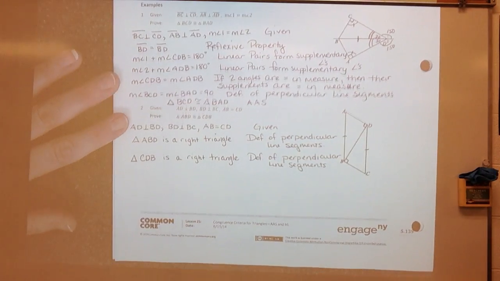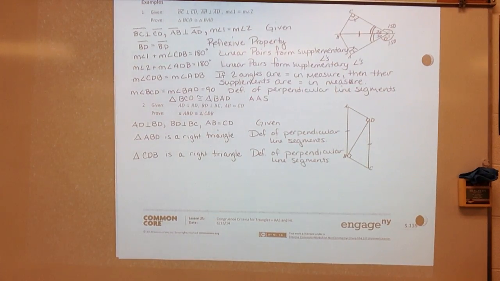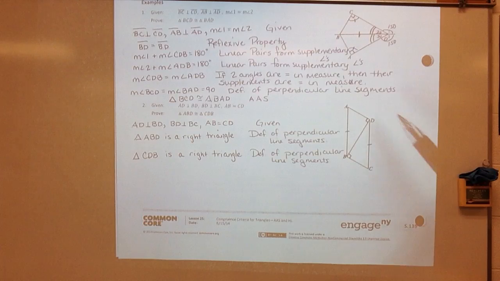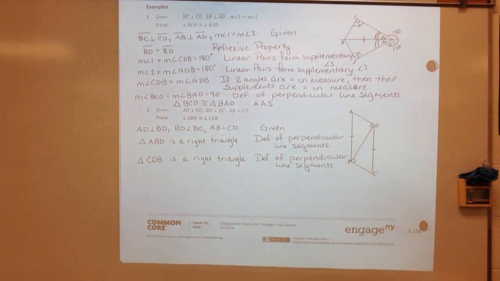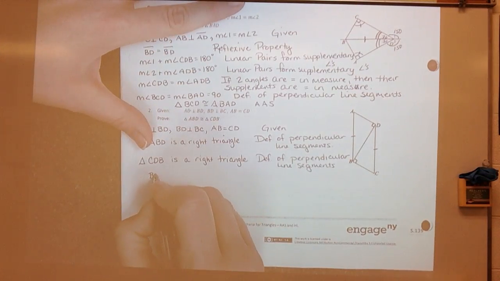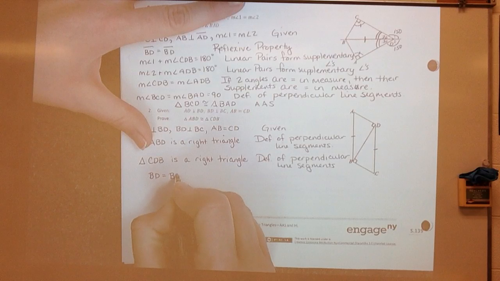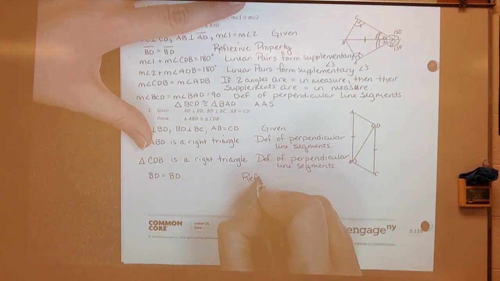Okay. Alright, now, what else do I know here? Alright, guys, look at this. What do I know about segment BD? Segment BD is part of both triangles. So I can automatically go ahead and say that BD is equal to BD because of the reflexive property.